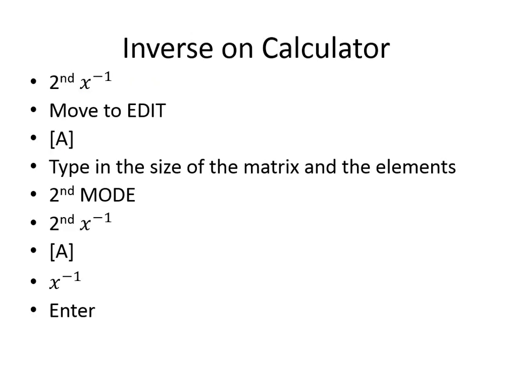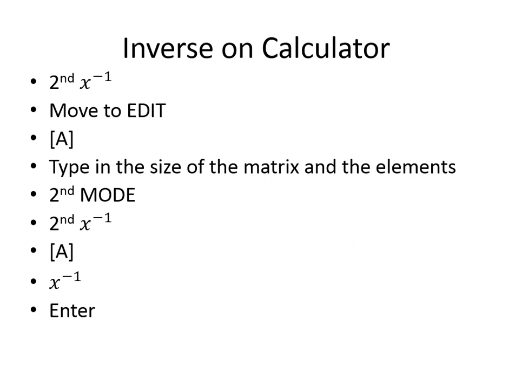Now with inverses of a 3 by 3, you're just going to have to use a calculator on these. It takes too much time for you guys to do it by hand. It's too complicated.